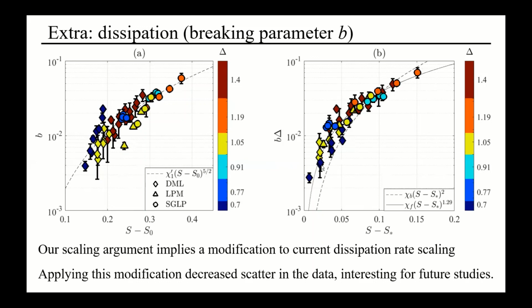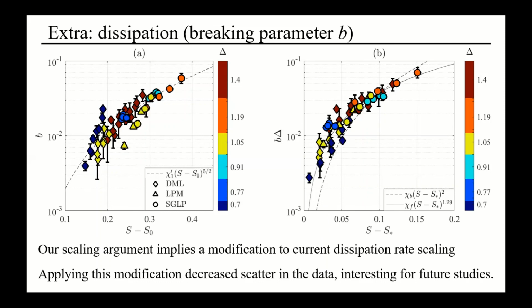It's not like everything falls on this line perfectly, but what it does do is it makes these big differences between the bandwidths and between the experiments go away, so that we see that although there is still a lot of scatter, the different bandwidths and the different experiments all sort of follow the same trend. So it sort of unifies the behavior of this data set.